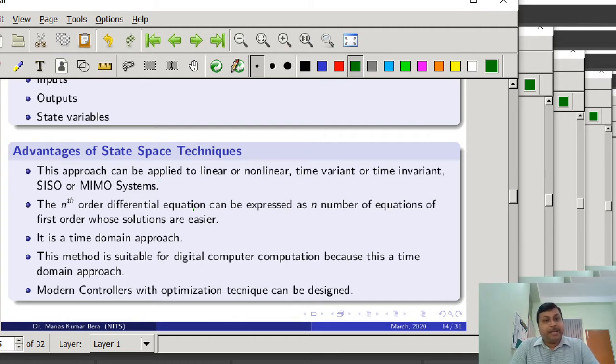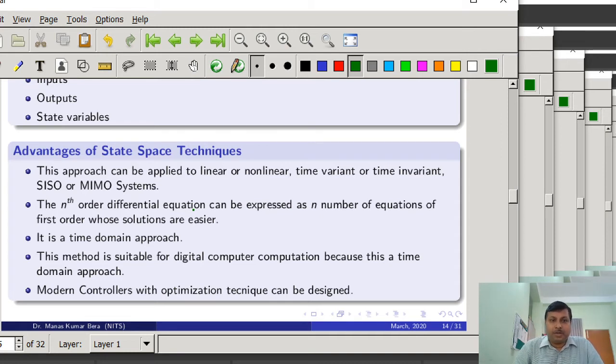Later on we will see that with the help of state variables, we can convert this nth order differential equation into n first order equations, and it will be easy to solve the n first order equations using computers also. Later on we will see how an nth order differential equation, with the help of state variables, can be converted into first order equations. And it is a time domain approach.